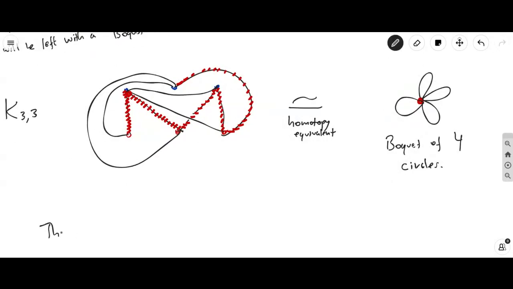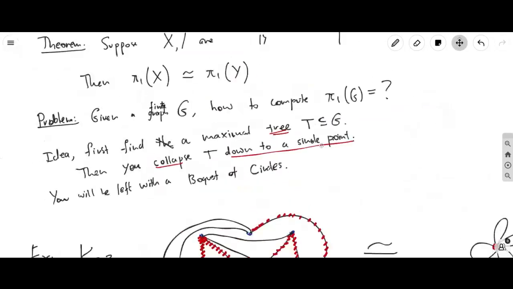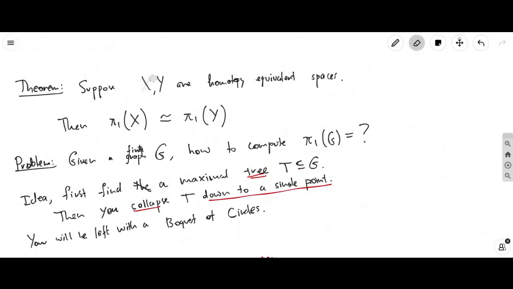So thus, the fundamental group of this graph would be isomorphic to the fundamental group of a bouquet of 4 circles. So here we're using this theorem that as long as 2 spaces are homotopy equivalent, they have isomorphic fundamental groups.